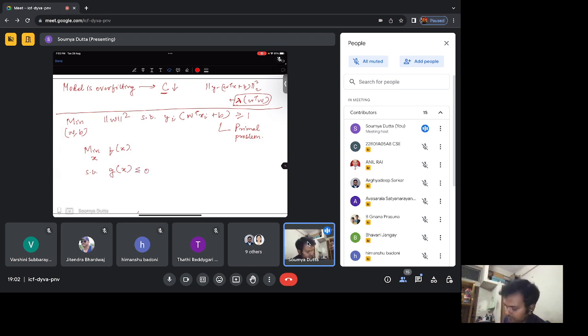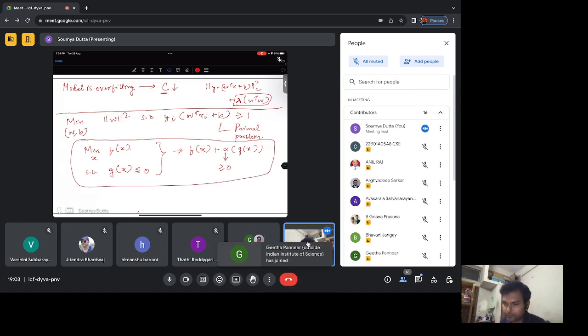If this is the formulation, then the corresponding Lagrangian becomes f(x) plus alpha times g(x), where this new alpha must be greater than or equal to 0. This is one of the ways in which you can think of how to solve constrained optimization problems.